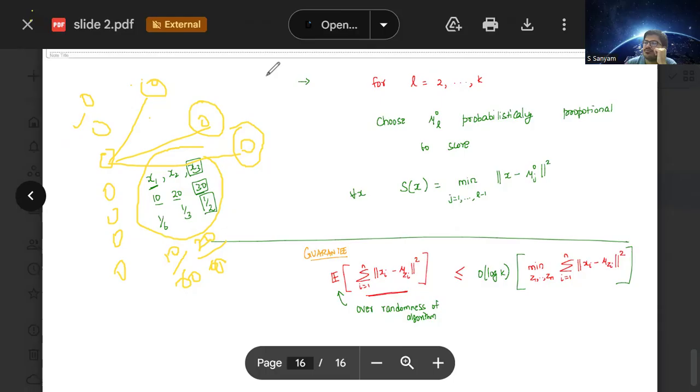Suppose these three are the lines, and let us consider this as the new cluster mean. If it has the largest Sx value of all the data points, meaning its minimum among all three distances is the largest, then if it is farthest, this data point will obviously be farthest from all other means.